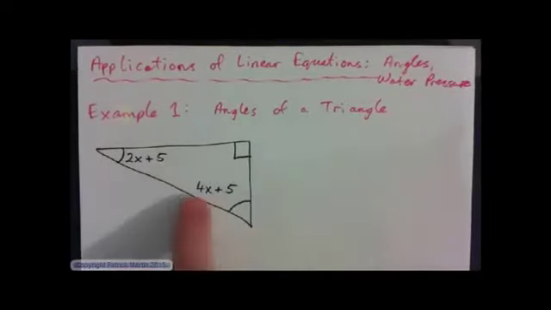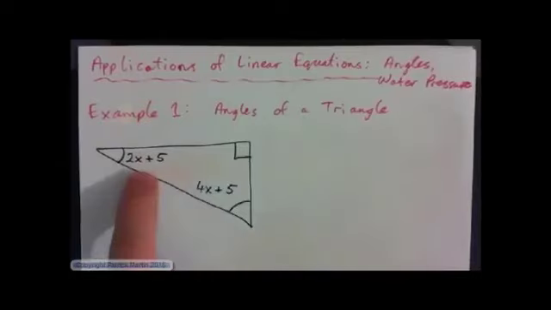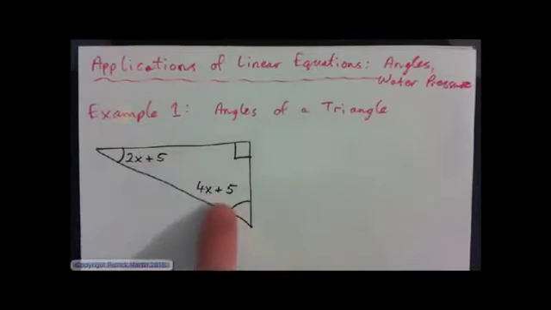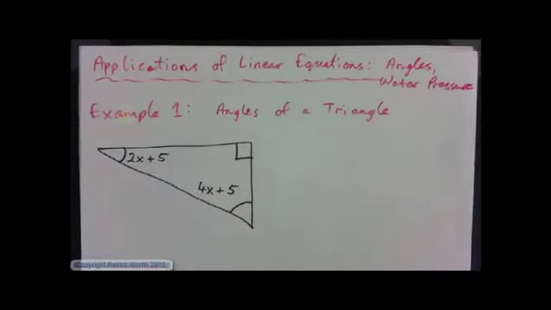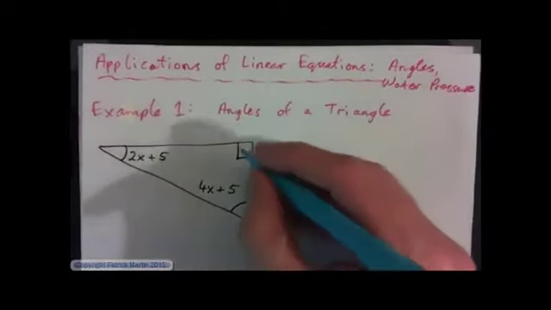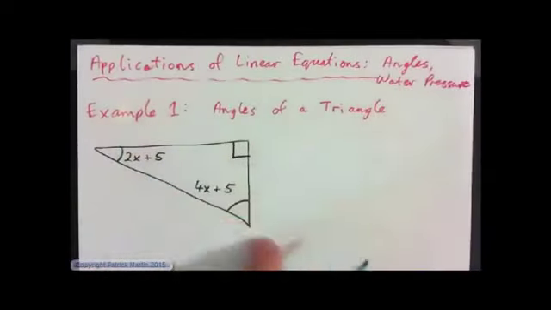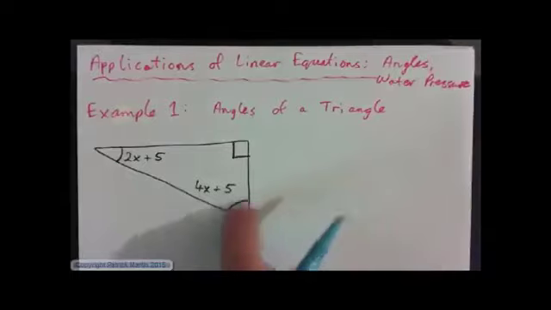You've got a triangle here and it just says 2x plus 5 beside this angle and 4x plus 5 beside this angle. By all means please draw this triangle.